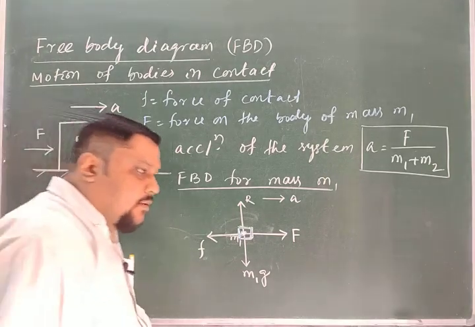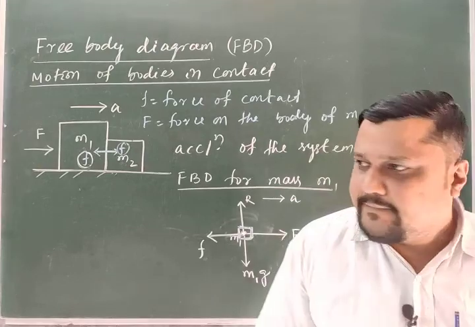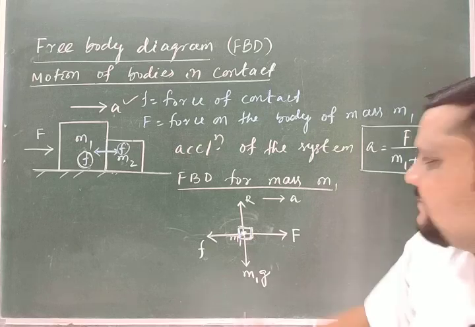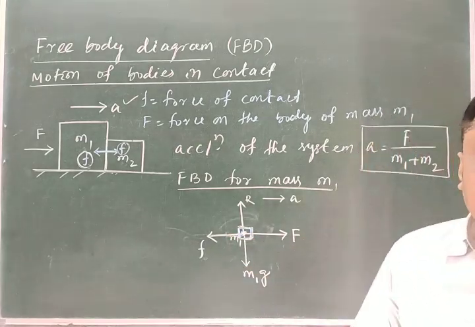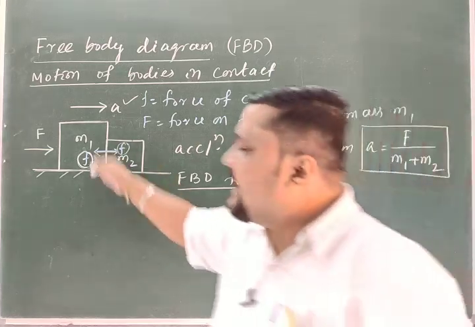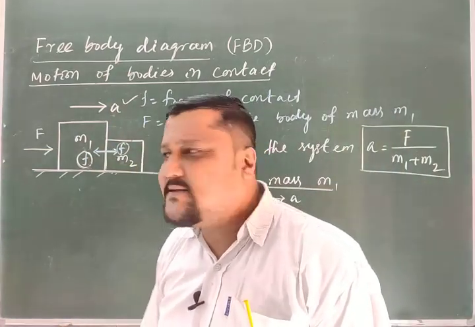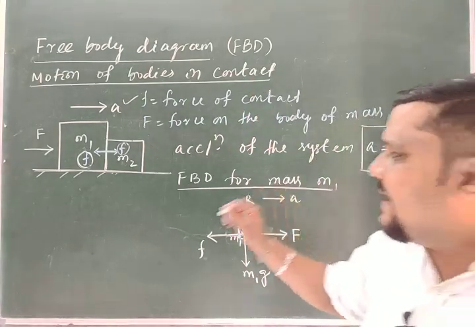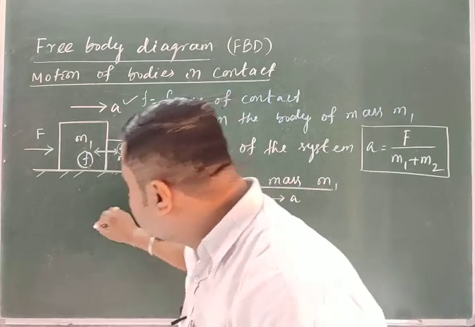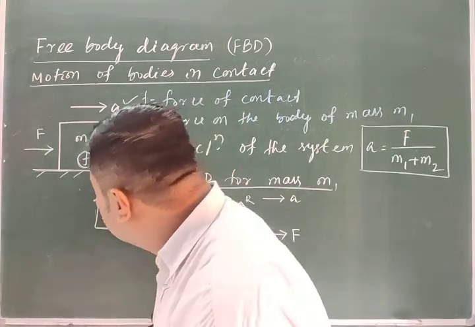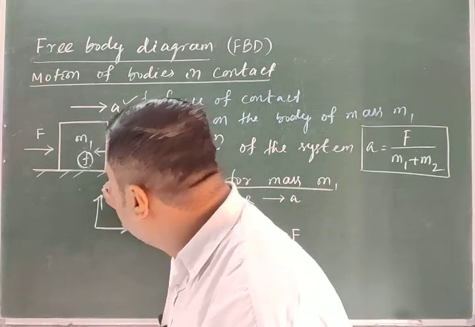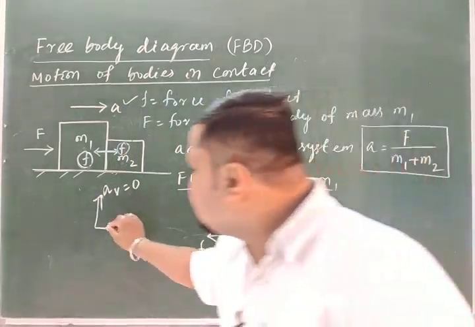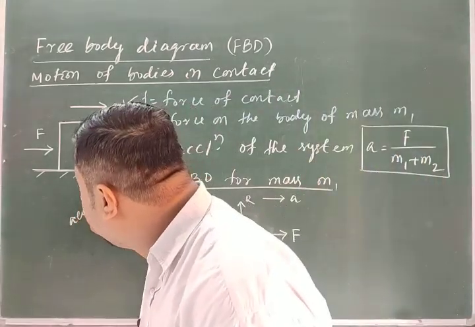Now, first point, in what direction is the body moving? The body is moving in the horizontal direction with this acceleration. Is there any acceleration vertically? There is none, because the acceleration vector is horizontal, so the vertical component is 0, since it is a cos 90.